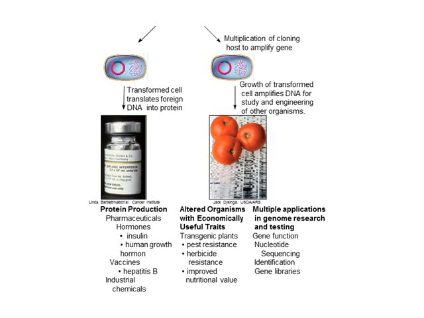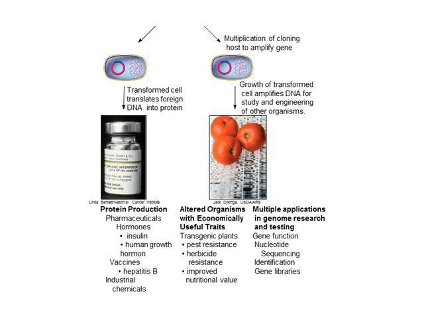Another thing that you can do with this cloning host is take that cloning host and put it into other organisms. So you can alter organisms for economically useful traits. This is in the middle. We can create plants that are pesticide and herbicide resistant. We can improve the nutritional value of different plants.